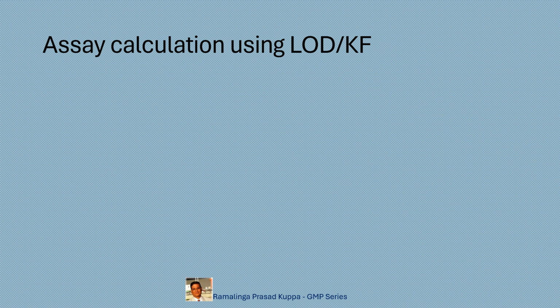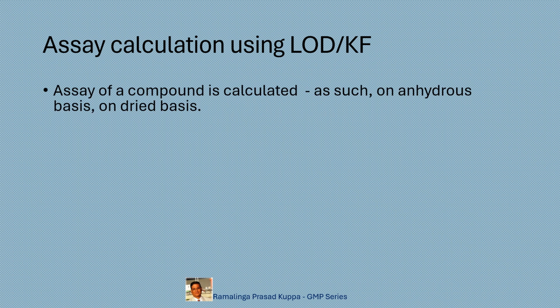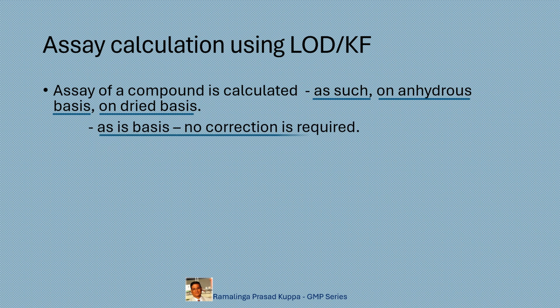Let us see how the assay calculations are done using LOD and KF. Assay of a compound is calculated as is, on anhydrous basis, and on dried basis. So there are three ways to report the assay content. As is basis, in this there is no correction required.